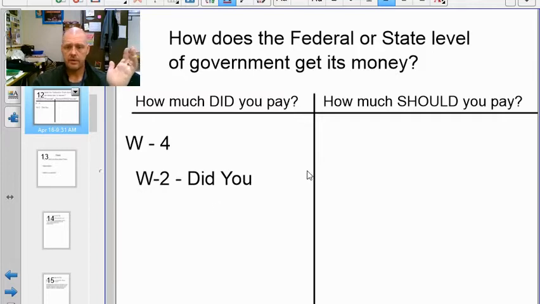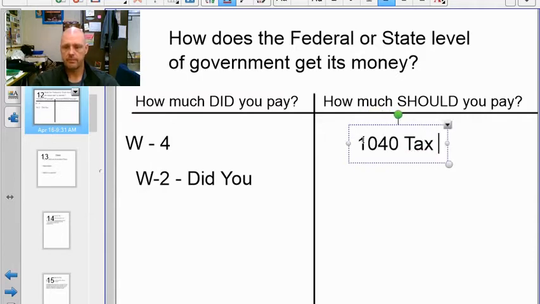You then have until normally April 15th to fill out something called a 1040 tax return. This says how much you should have paid: what was your fair share of federal income tax?